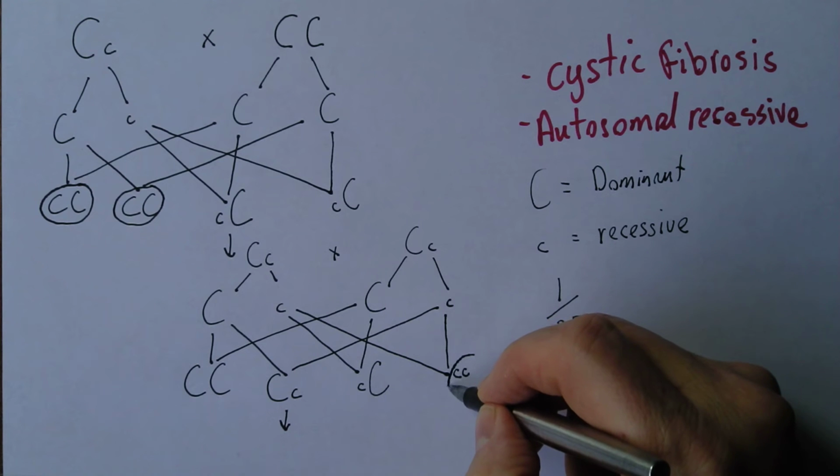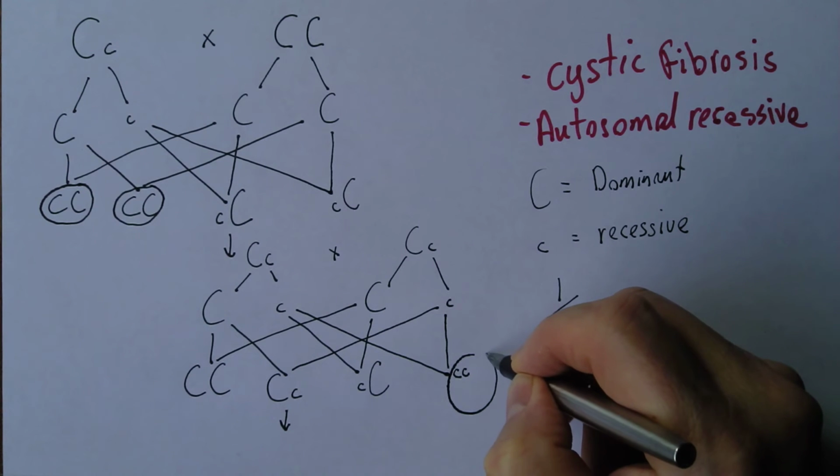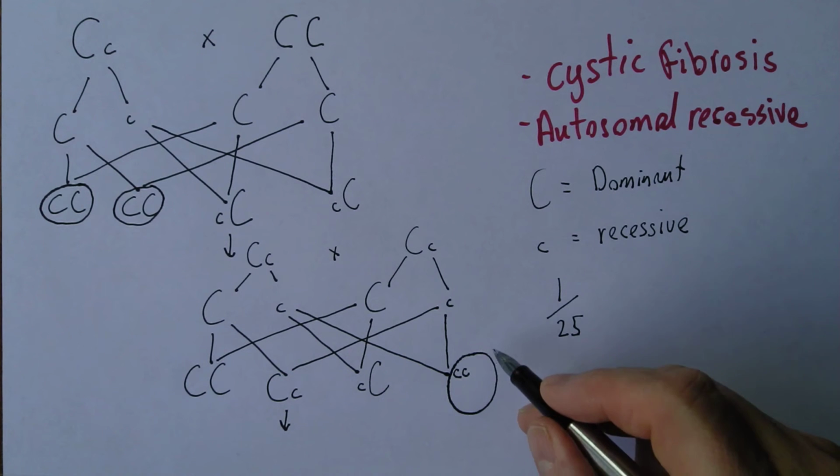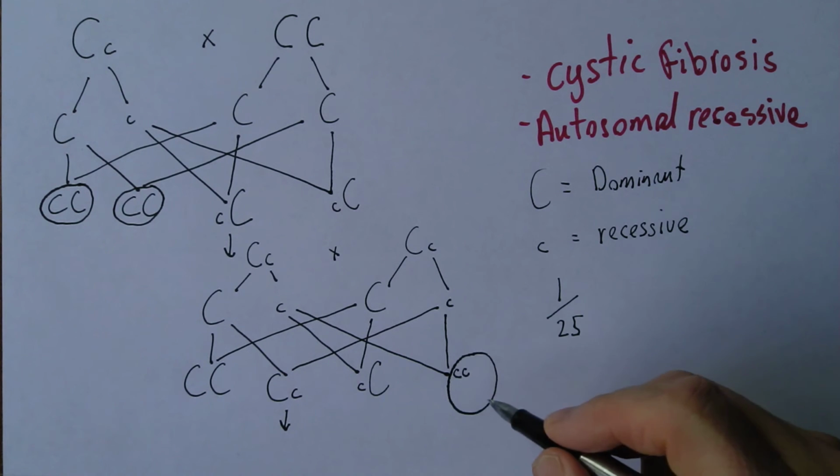not carry a copy of the normal dominant gene. Therefore, the recessive cystic fibrosis gene will be expressed. And phenotypically, this person will suffer from cystic fibrosis with thick secretions in the lungs, pancreas, gastrointestinal tract. And because the secretions are thick, they're very prone to obstructing small passages and becoming infected.